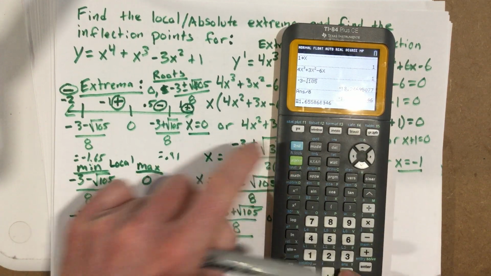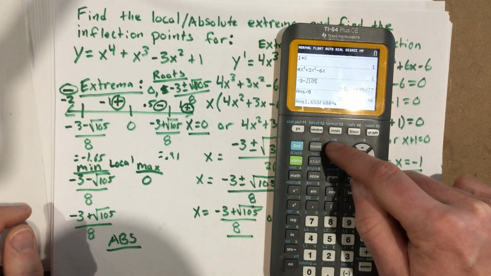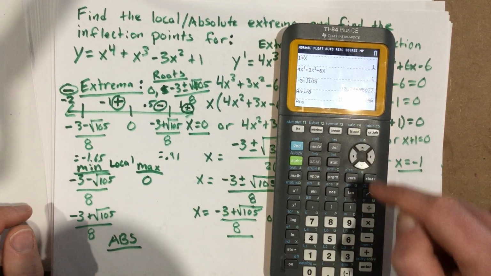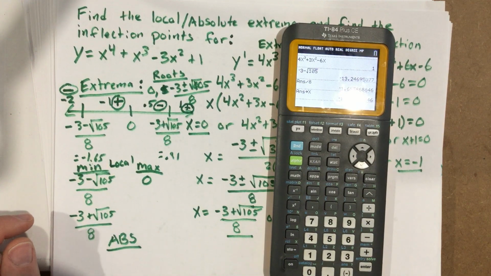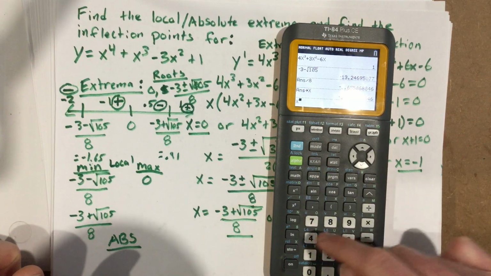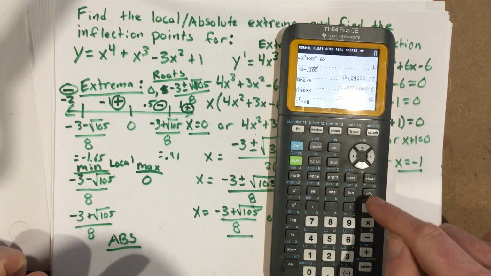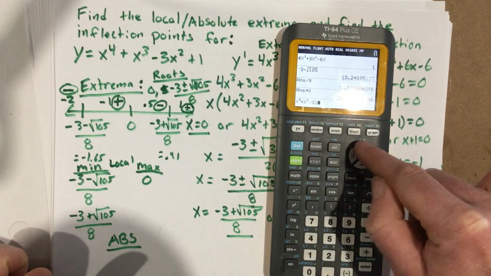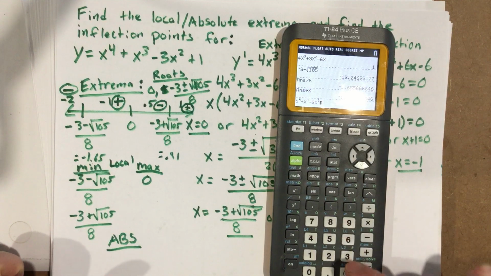I'm going to say second answer and store it as x, and then I'm going to type in this whole function right here. So x to the 4th plus x to the 3rd minus 3x squared plus the 1.